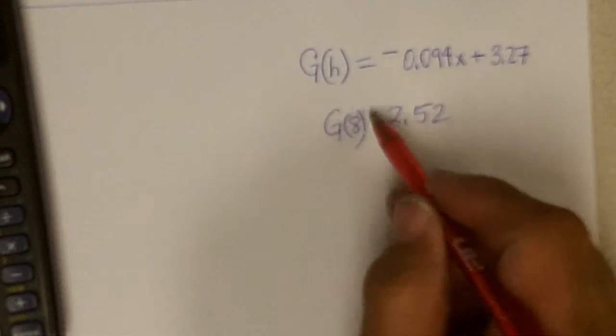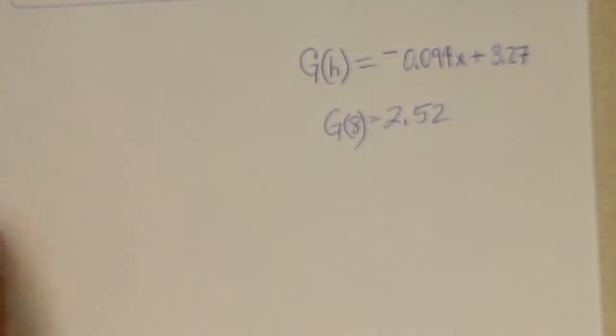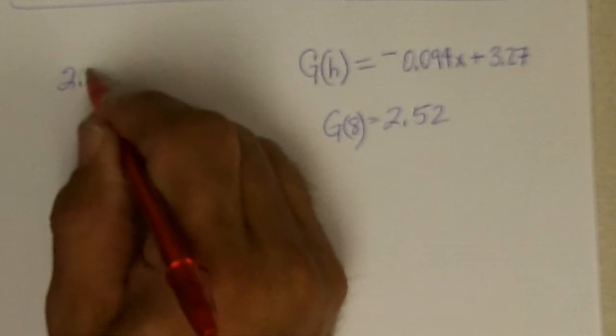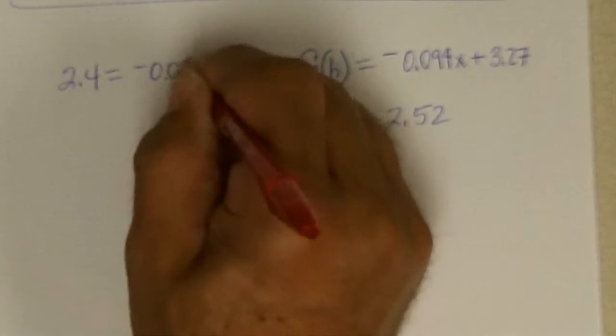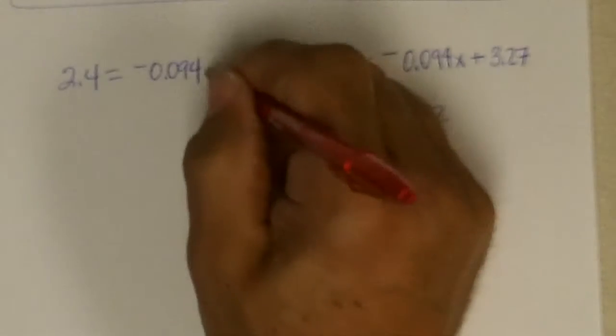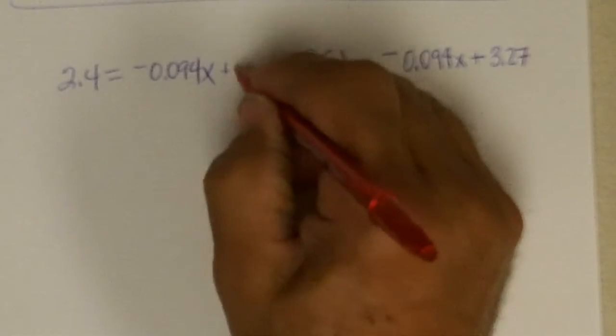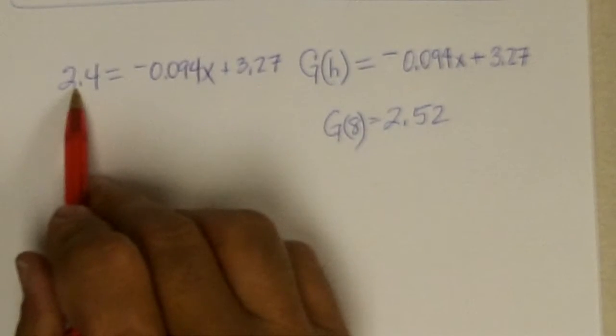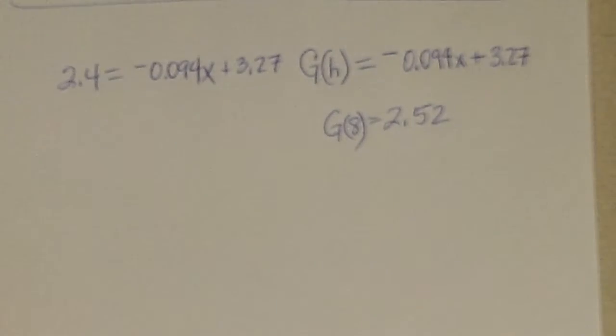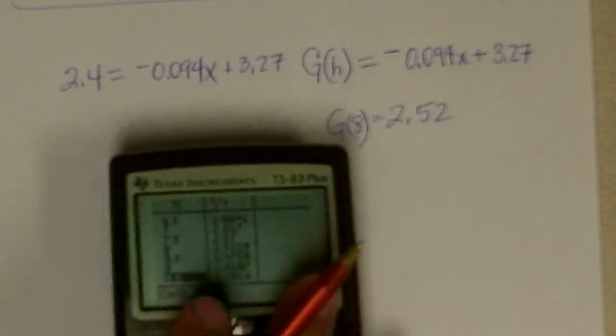We could also write the equation: 2.4 equals negative 0.094x plus 3.27. Subtract 3.27 from both sides, divide by negative 0.094, and we would get an answer.